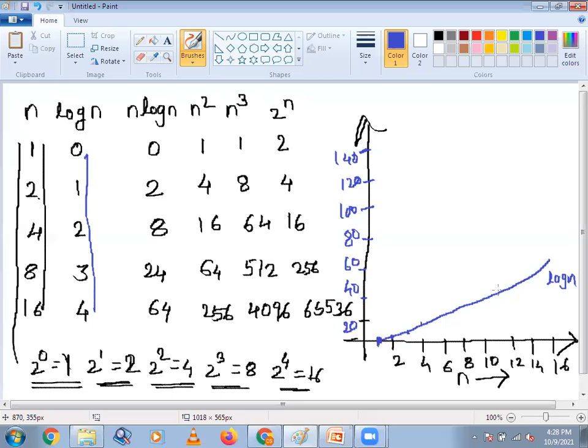Then n log n, we draw the graph for n log n. For 1, it is 0, same point. For 2, it is 2. For 4, it is 8.